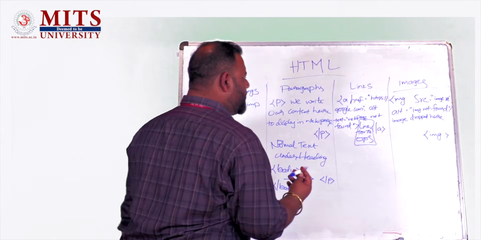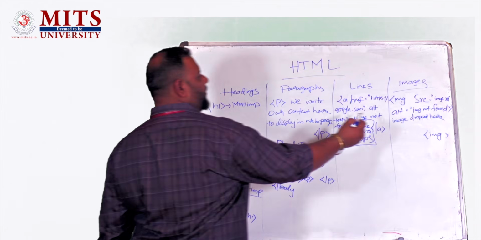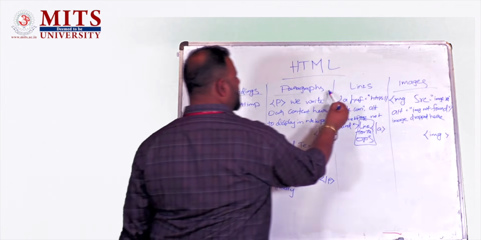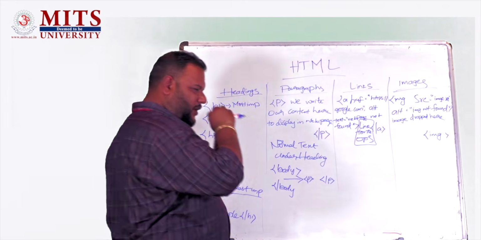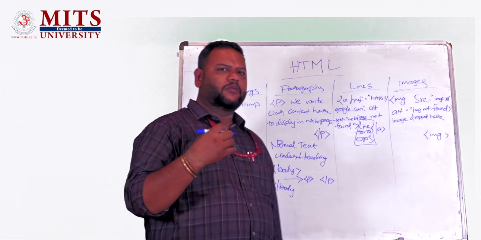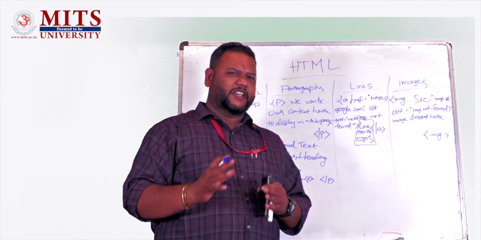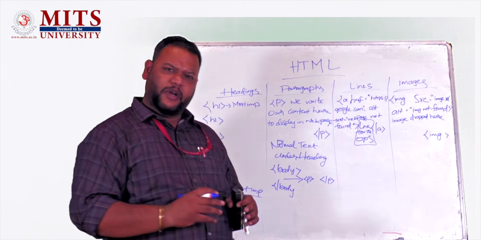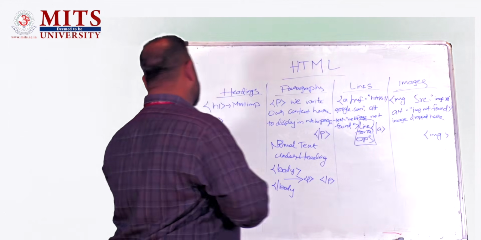So these are the attributes we use to represent these sections. Using these, we are going to design a few sections inside our web page, and our web page structure will be completed.